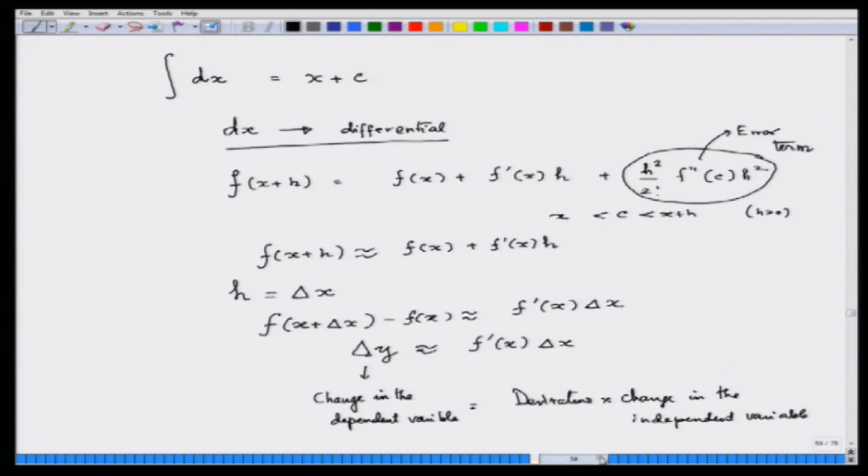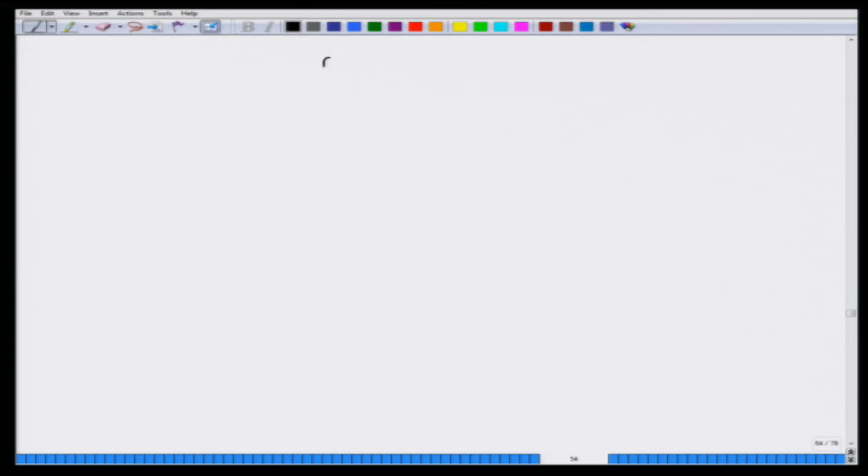Just look at this quantity, f dash x into delta x.